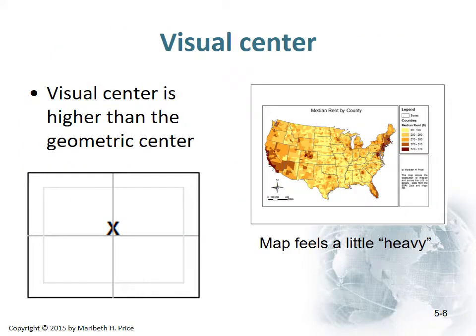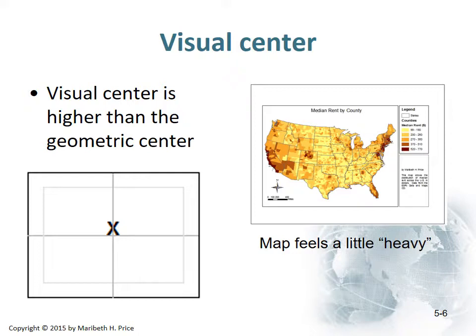So the visual center is established out of sensation and perception and psychology, in that it sits slightly above the geometric center of a piece of paper or any other flat object. So we perceive the center to be slightly higher than the geometric center.